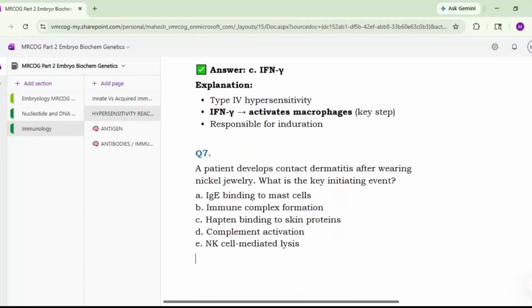Next. A patient develops contact dermatitis after wearing nickel jewelry. What is the key initiating event? IgE binding to mast cells, immune complex formation, hapten binding to skin proteins, complement activation, or NK cell mediated lysis? So it is option C, hapten binding to skin proteins.